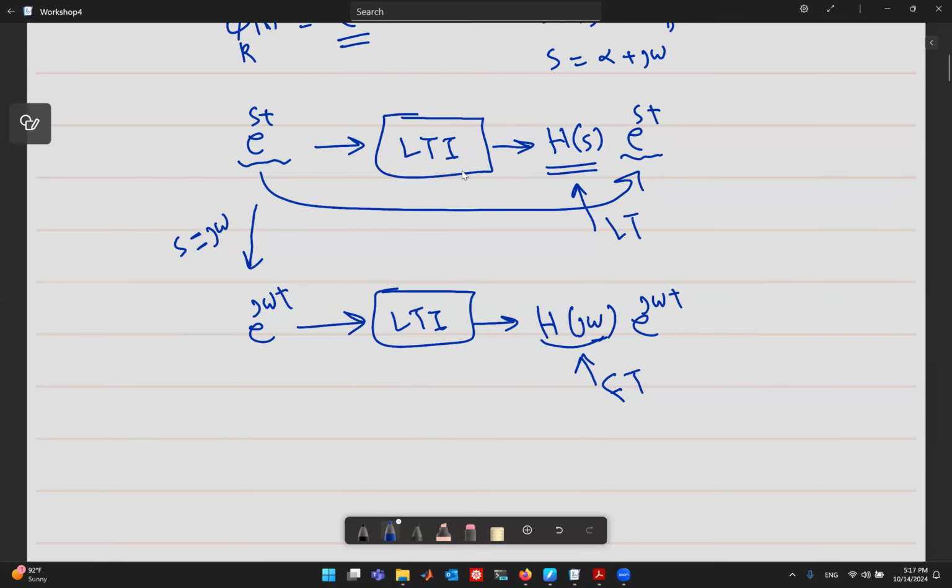Those are for continuous time signals, and we have similar transforms for discrete time signals. For discrete time, this becomes the Z transform.